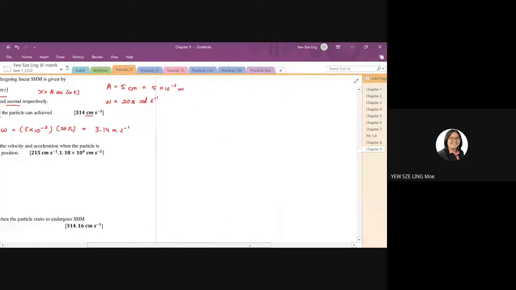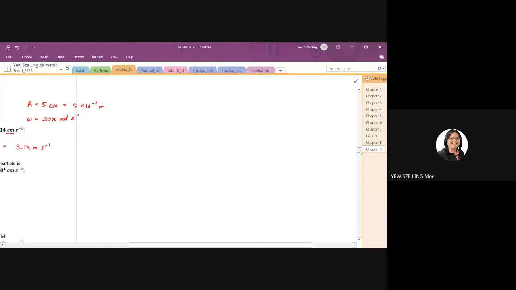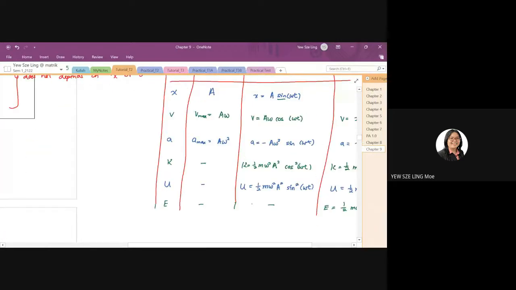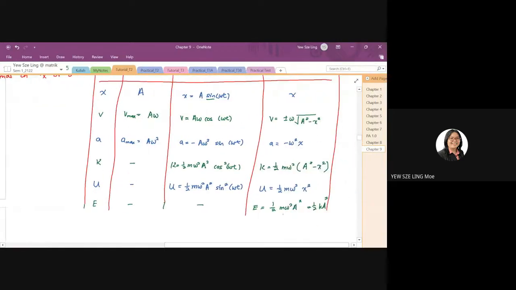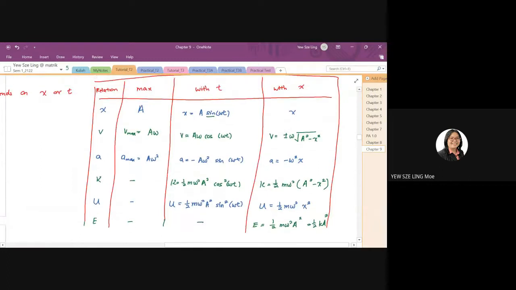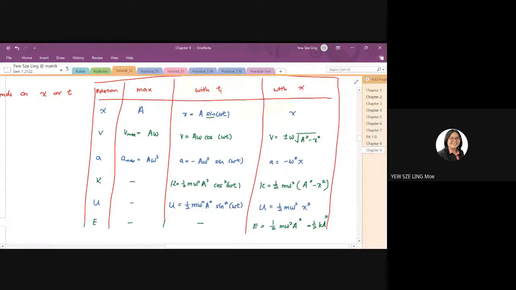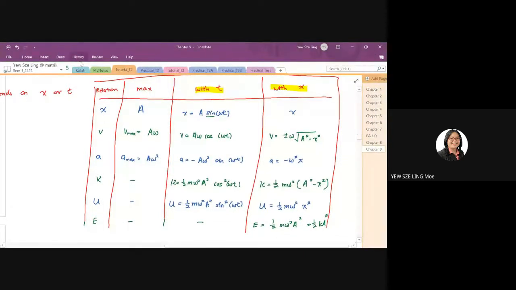Let us go back to the summary table that we constructed on Monday. It shows you the equations with t and also with x. Since you are given x, the equations we are going to use are the equations with x.